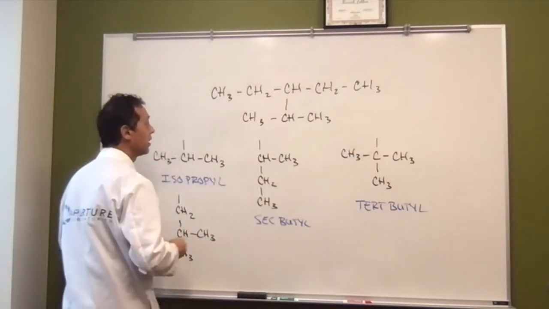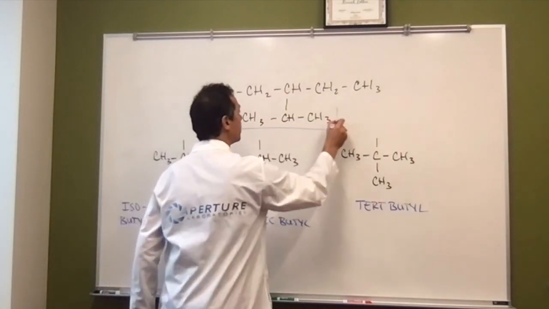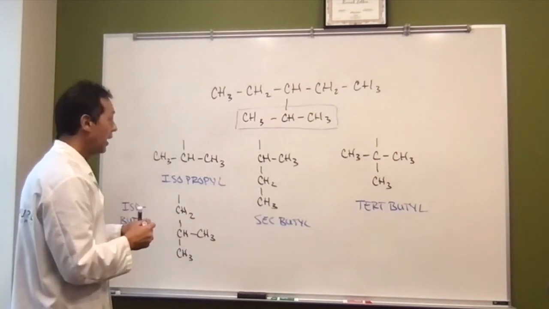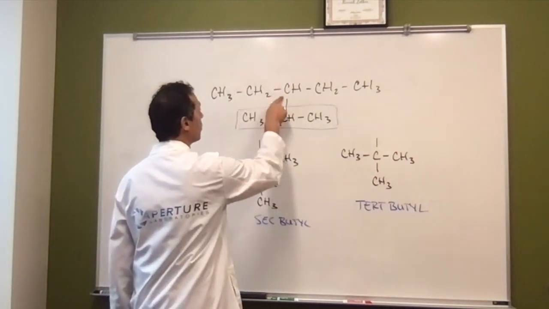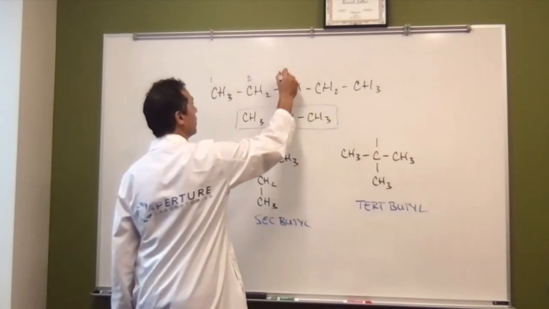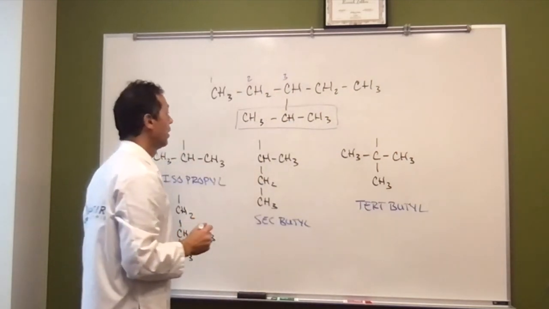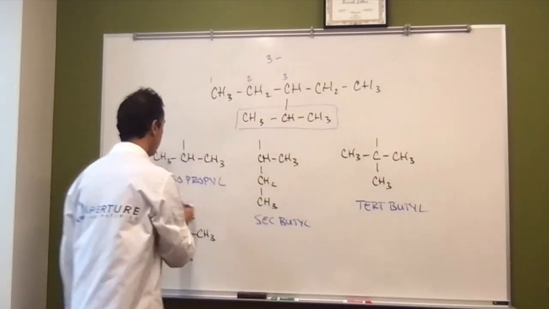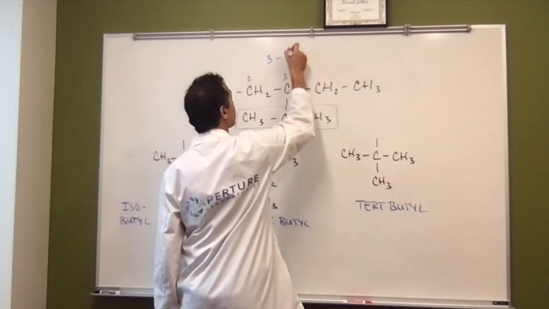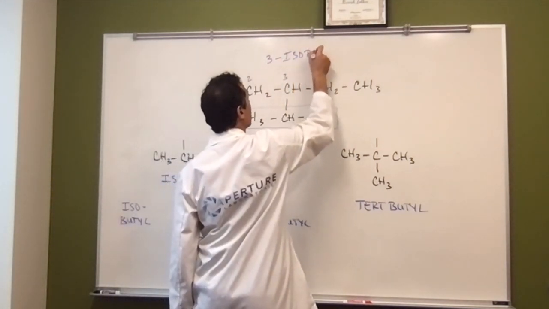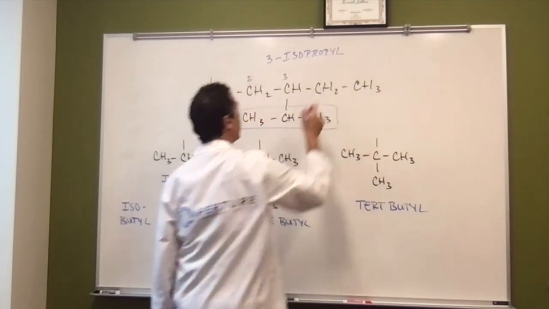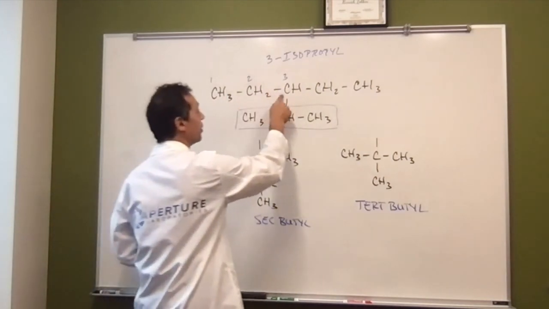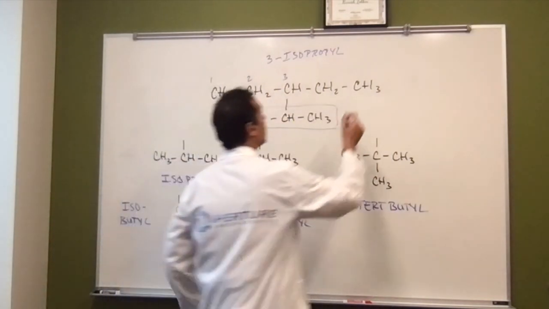And so this right here is our branched substituent, and that branched substituent is isopropyl, and it's coming off of the third carbon, like this. So as we name this, this becomes 3-isopropyl, and then our longest carbon chain, which is our base for this, is 1, 2, 3, 4, 5 carbons. 5 carbons is pentane.